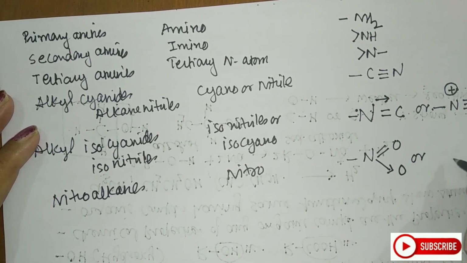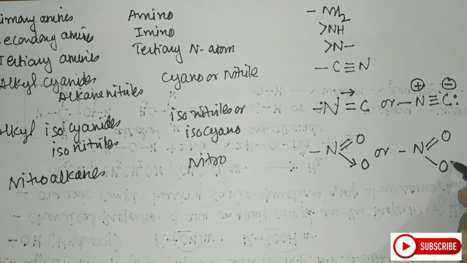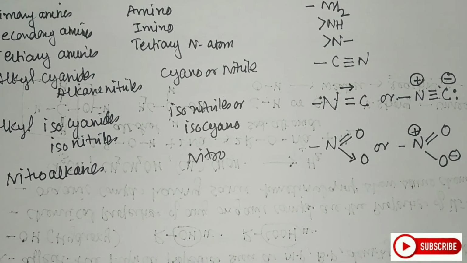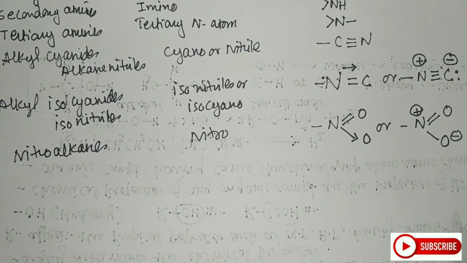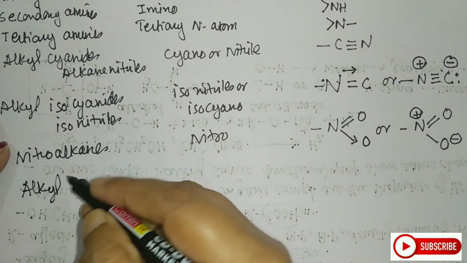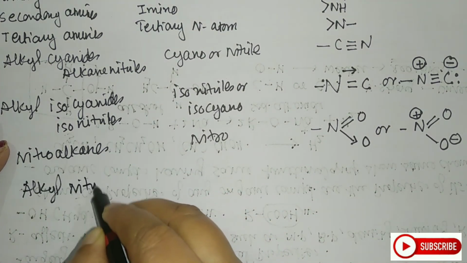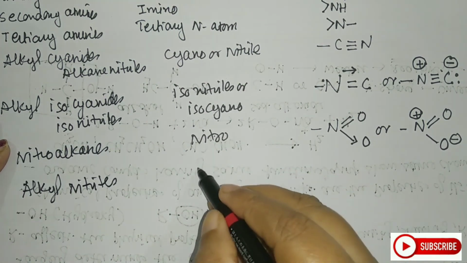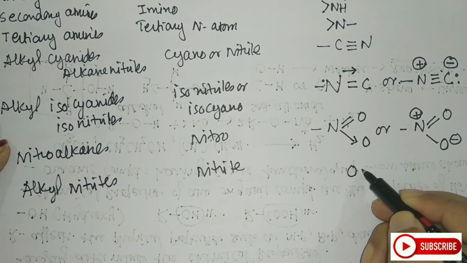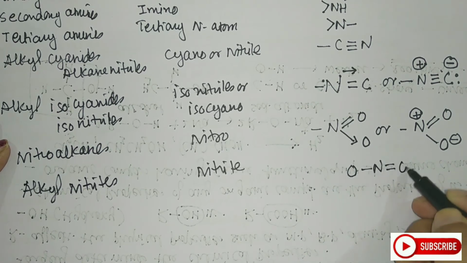Or you can show this in this way, that is, you know students that there are two lone pairs on oxygen, so they get delocalized and you get in this way a positive charge on nitrogen and oxygen is negatively charged. And the next is alkyl nitrites. So they are called the nitrite group and you represent this as ON double bond O.